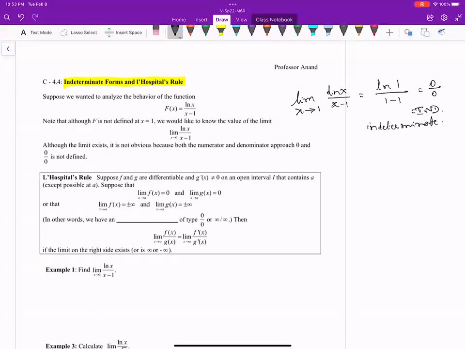So in order to get a definite value for this quotient, we use L'Hopital's rule. So what does the rule say?